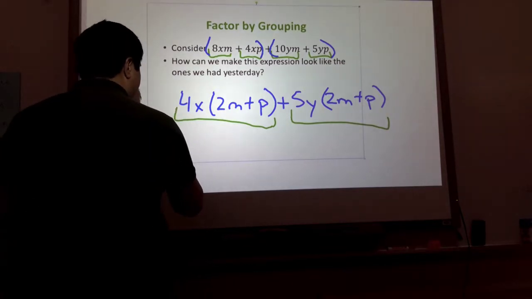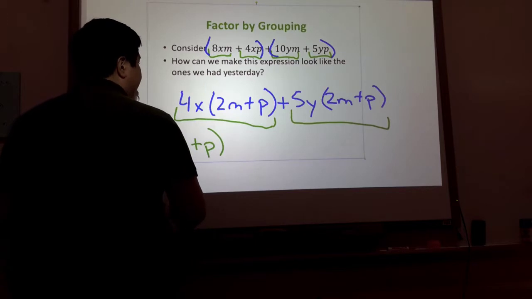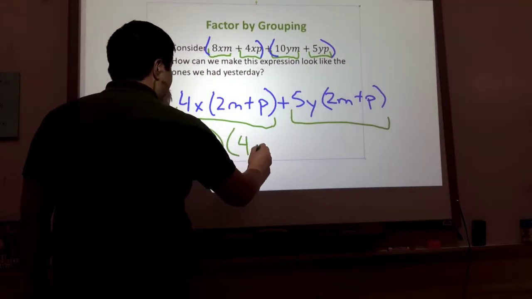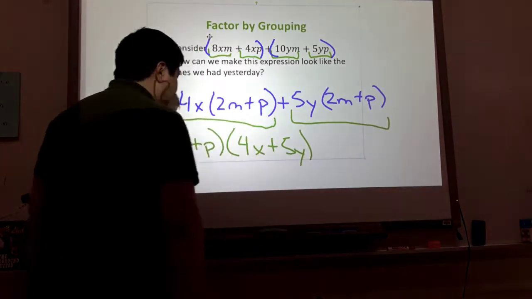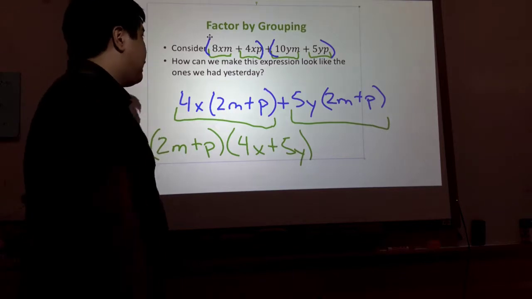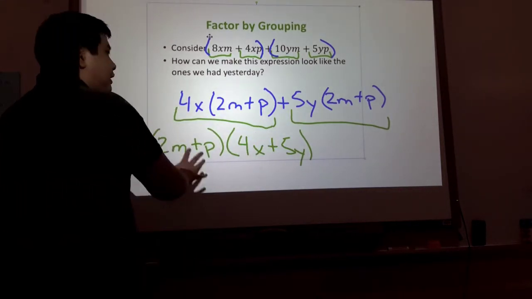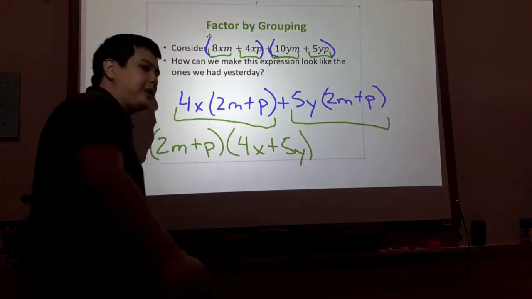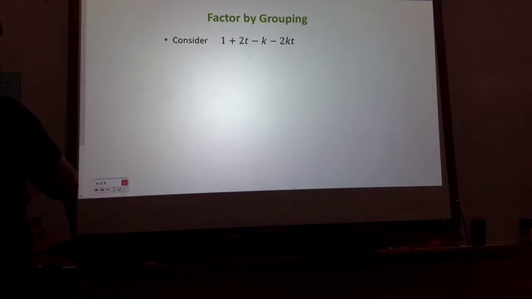Here we have 2m plus p as a binomial that we can factor out, and 4x plus 5y. We have now taken a polynomial of 4 terms and used factoring by grouping to factor it completely. We now have 2 factors, 1 and 2. Both of them are binomials. So let's take a look at the next one.